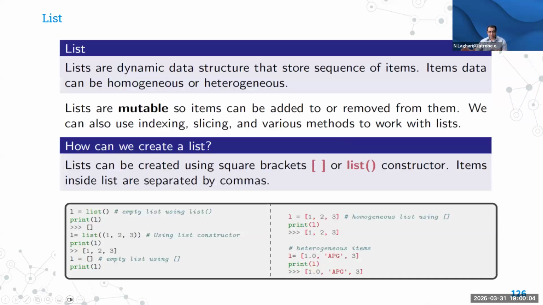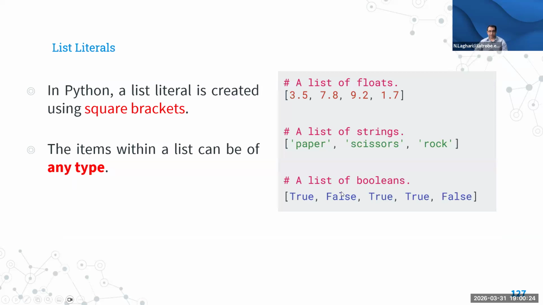A list is a data structure where we can place multiple items of mixed data types, and they are separated by commas. For instance, our list L is having 1, 2, 3, or our list is having 1.0 as a float type, APG as a string type, and then 3 as an integer. So we can have all these types. And the square brackets are used for keeping these lists.